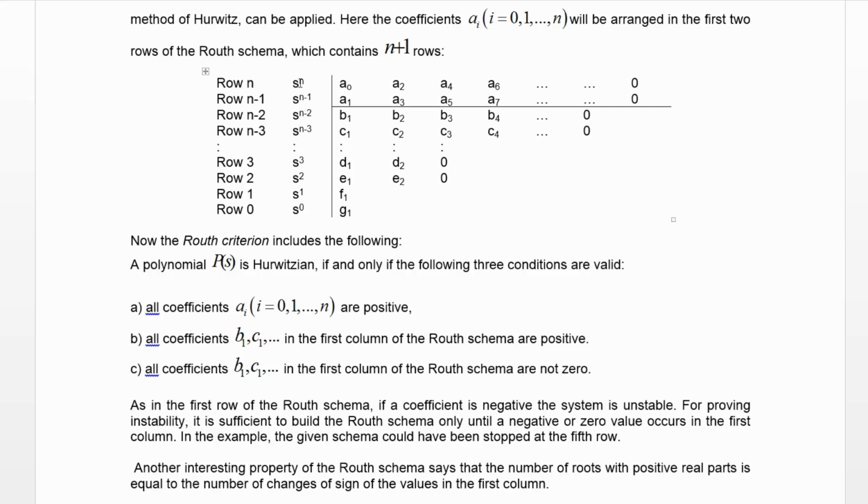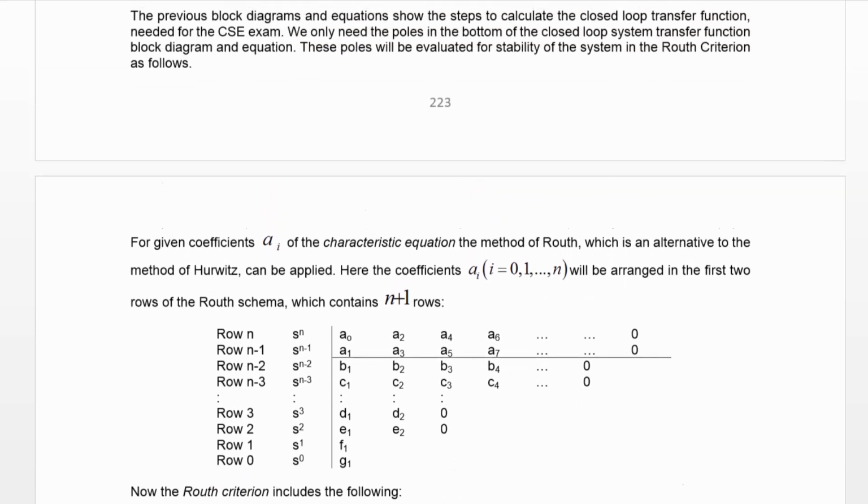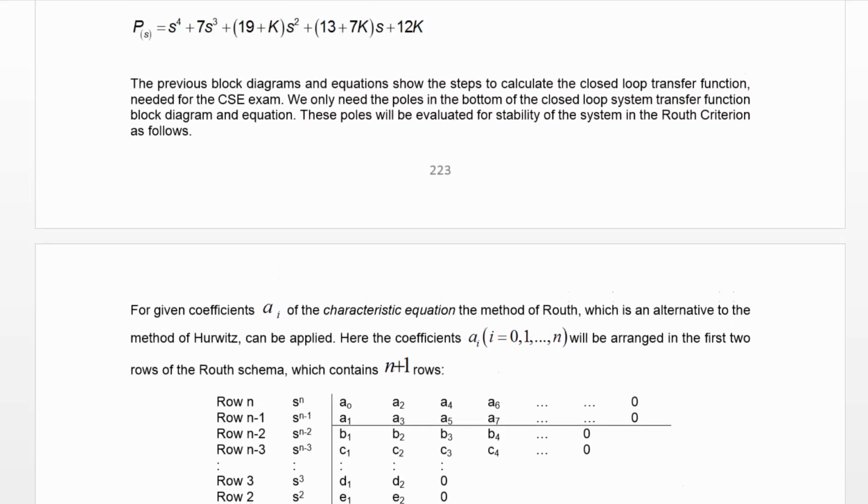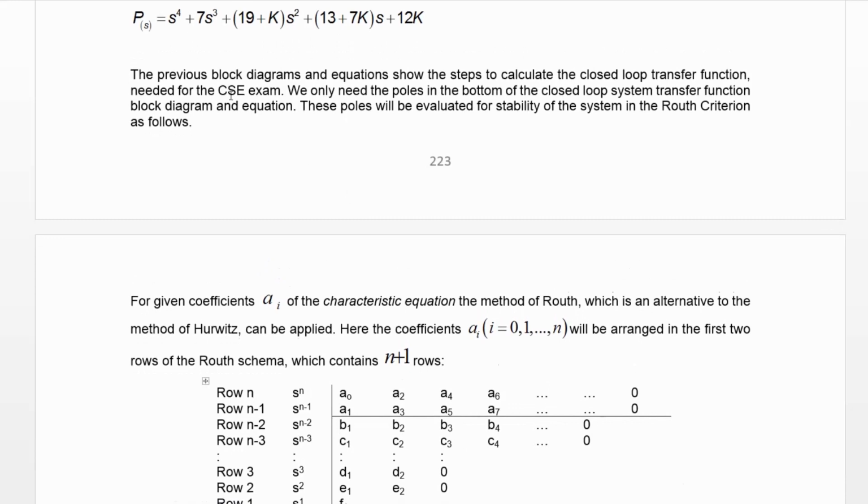Then we go s to the third, s to the second, and s. And then you put in any number you have there. So we take the first number out of this, and we'd be starting with s to the fourth power.